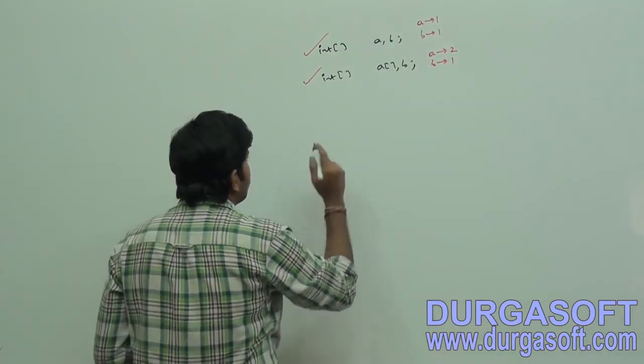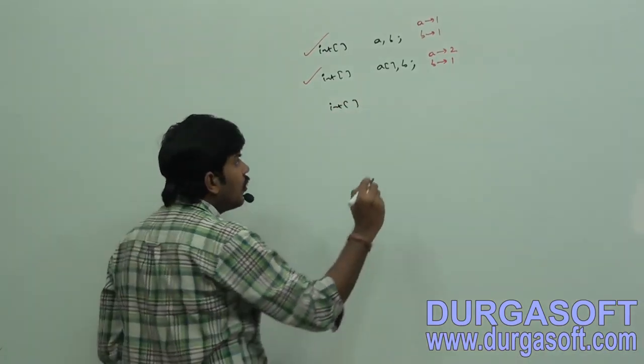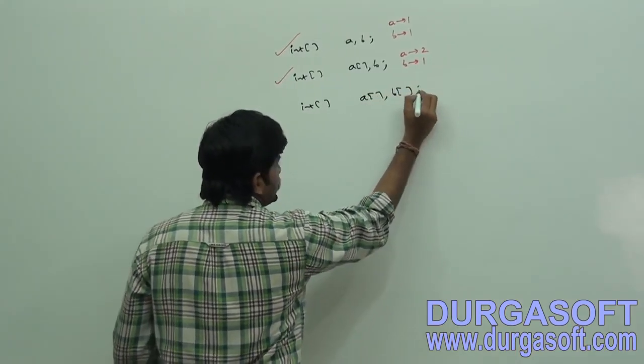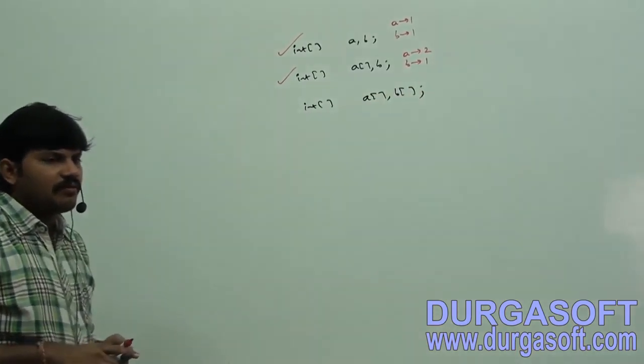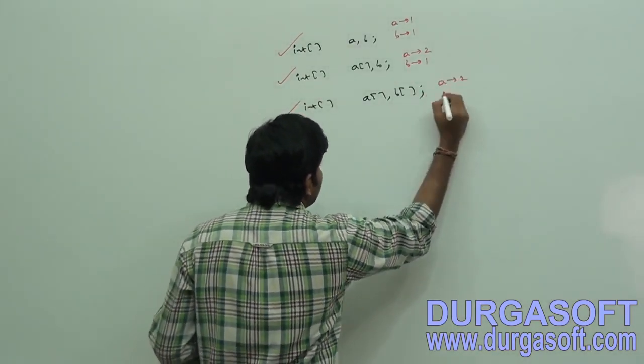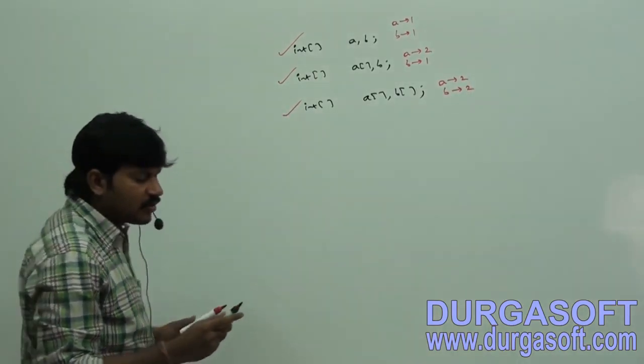Next, int one-dimensional array, here I am taking a and this. No new thing. What is a's dimension? 2. What is b's dimension? 2. A's dimension is 2, b's dimension is 2.